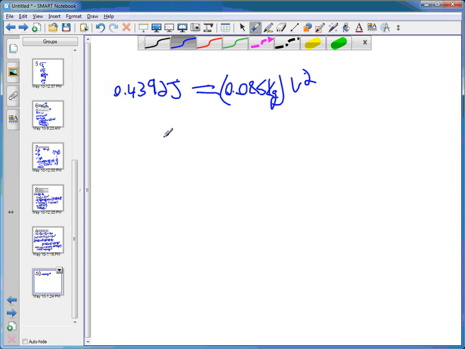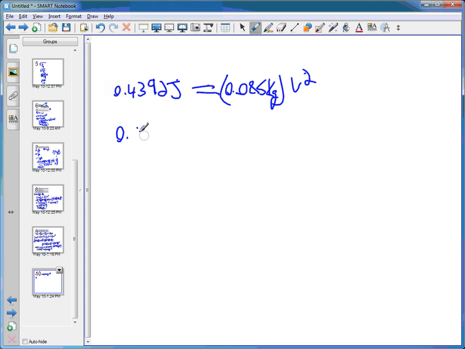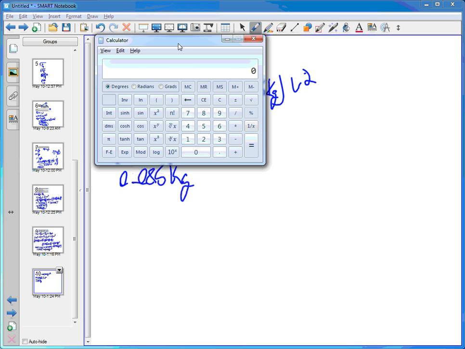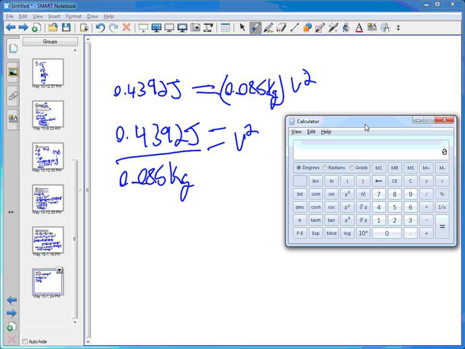Okay, our calculator: 0.4392 joules divided by 0.085 kilograms equals 5.167. We'll just keep four significant figures for now.